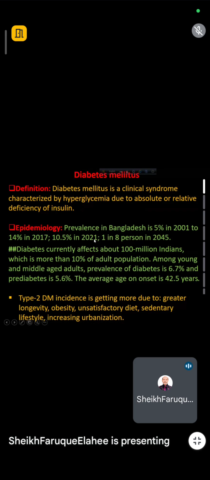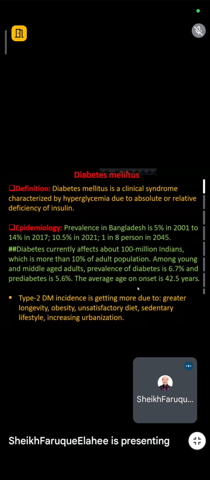Why? You can ask the question, why is the incidence of diabetes increasing in Bangladesh? So these are the causes. Number one, greater longevity. In Bangladesh, the lifespan of people was 64 years before the last 15 years of the Awami League government.